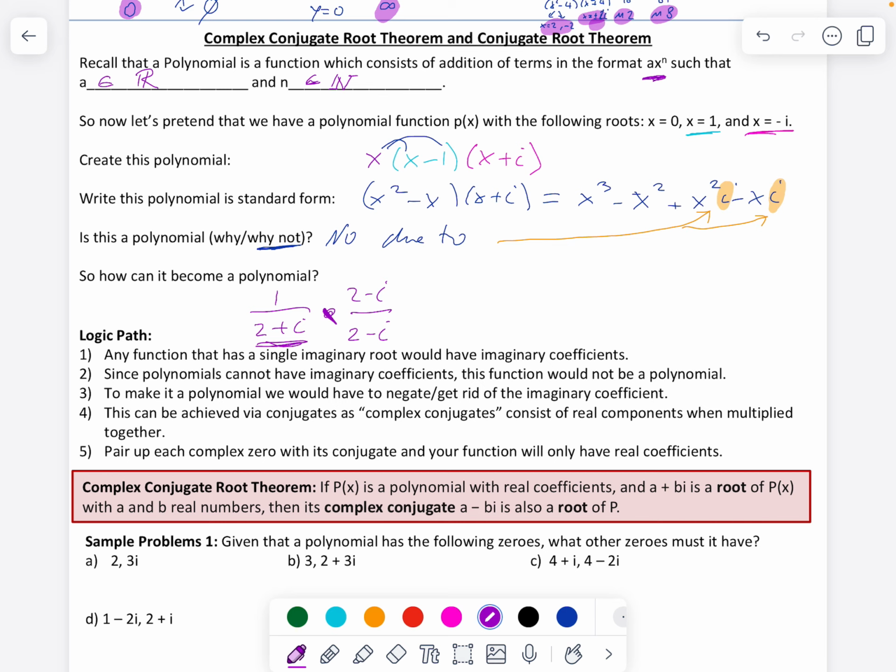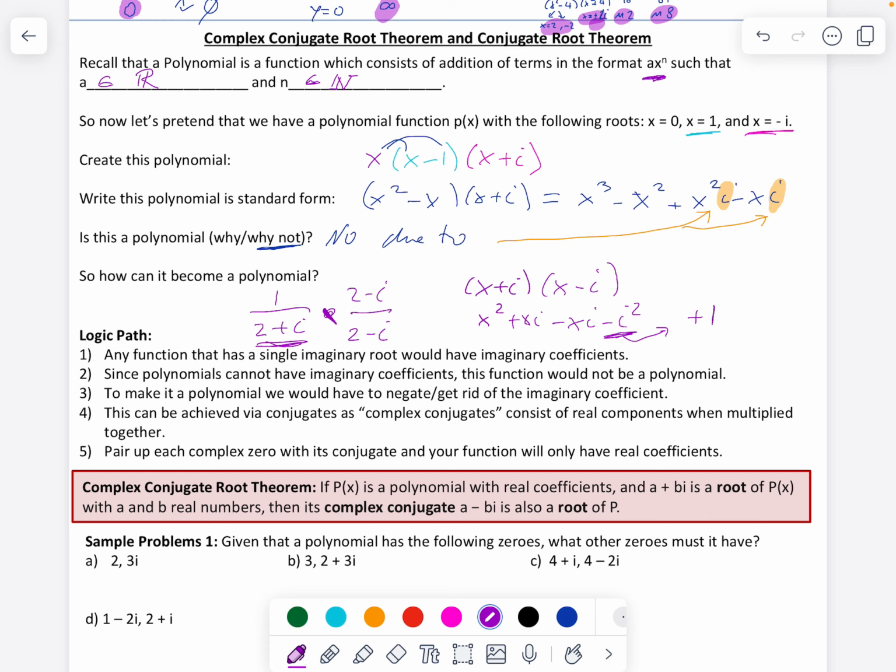So what we're going to do here is the same trick: we're going to take x plus i, and multiply it by x minus i, which gives us x squared plus xi minus xi, and then minus i squared, which really will turn into that real number of positive 1.